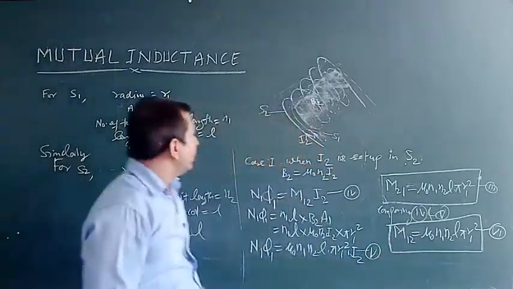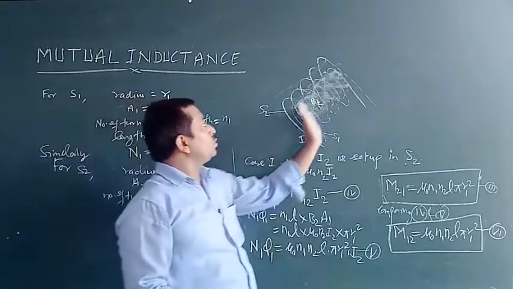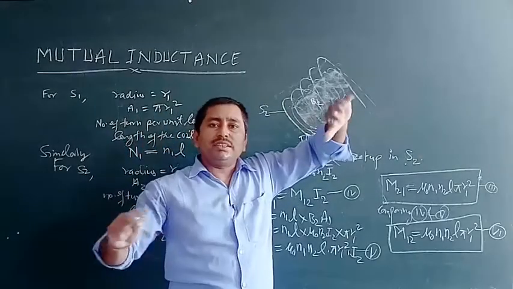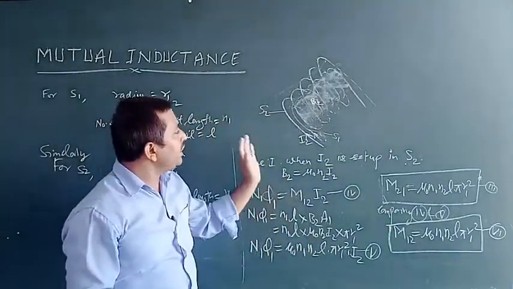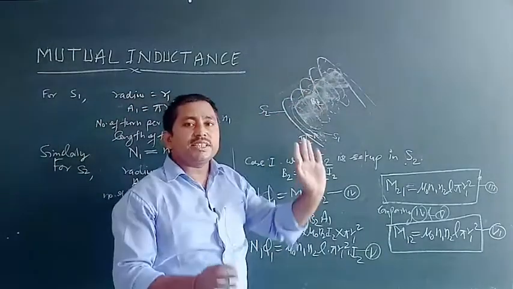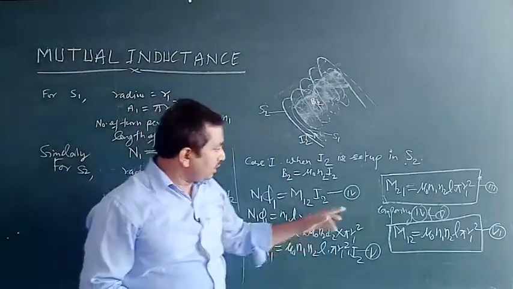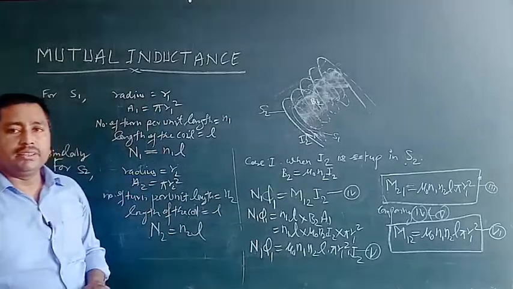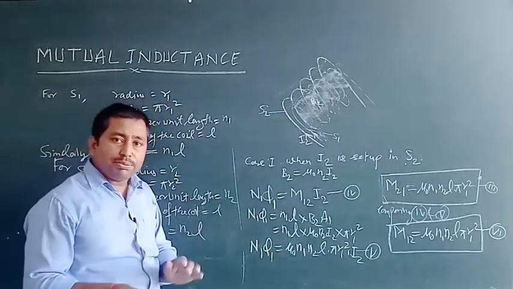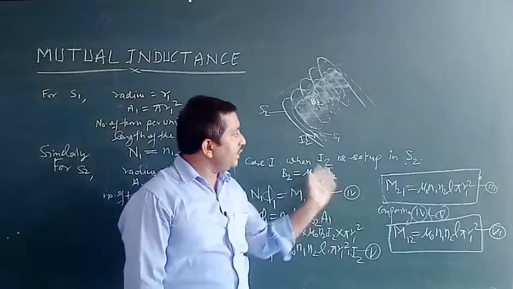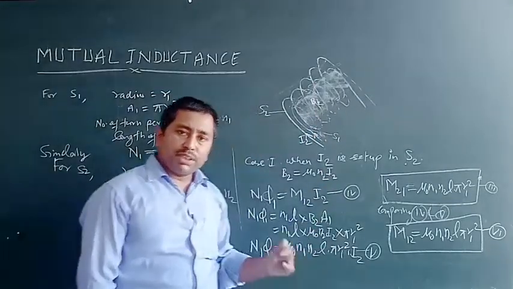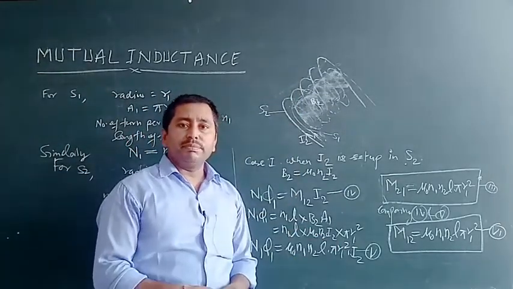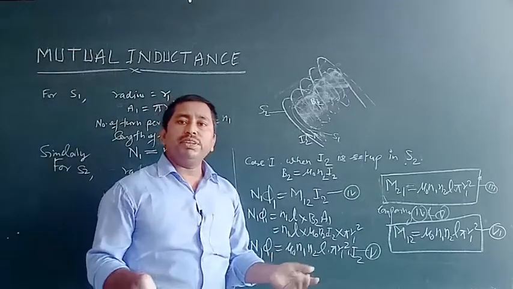So we can say that if the total length of both coils is the same and one coil is totally covered by the second coil, then the mutual inductance of such both coils is always the same, and it is given by the formula mu 0 N1 N2 L pi r1 square, where pi r1 square is the cross-sectional area of the inner coil, and L is the length of both coils, N1 is the number of turns in the first coil, N2 is the number of turns per unit length in the second coil, and mu 0 is the constant known as the permeability of free space.